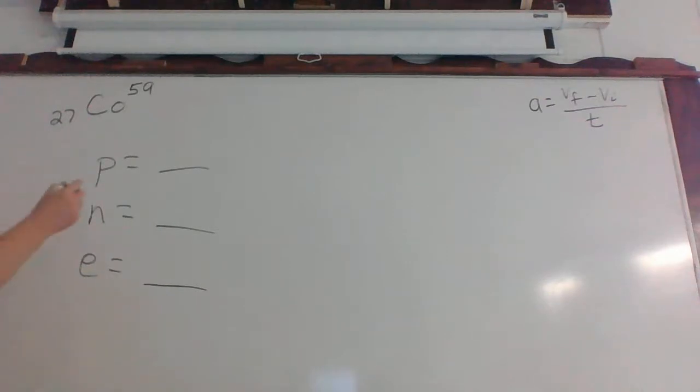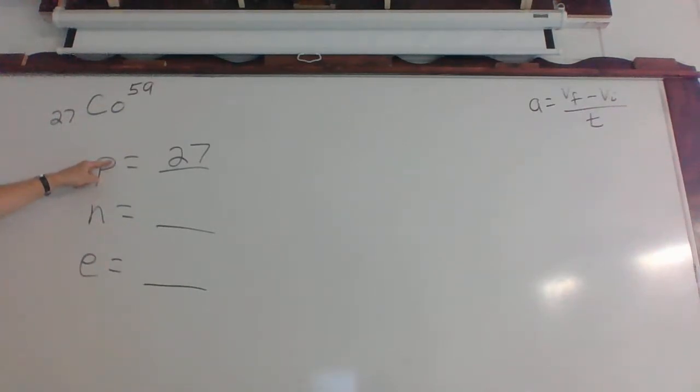27. Because the atomic number gives you the number of protons. It's what identifies that element. Because there is no other element that has 27 protons. It's only unique to cobalt. So, these protons have a what charge?